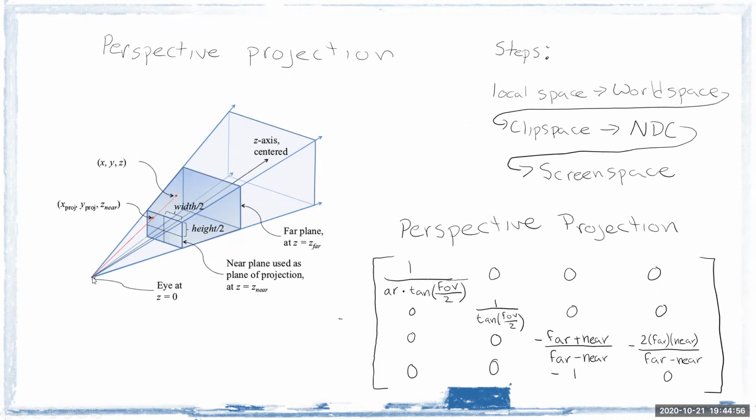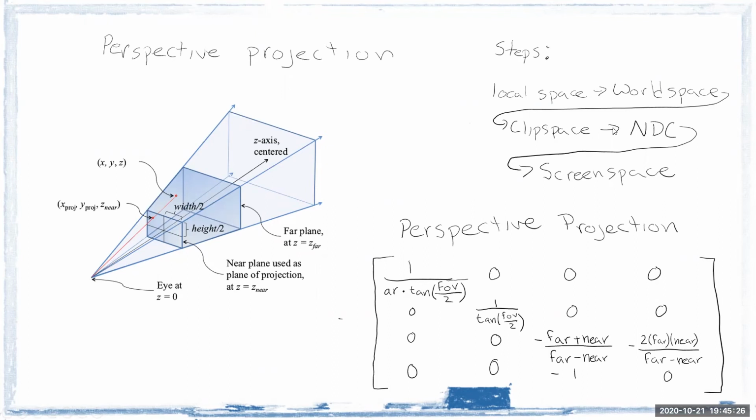So the camera becomes 0, 0, no matter where the viewer is in the world. And we just shift everything around, shifting the origin to the position and orientation of the camera.